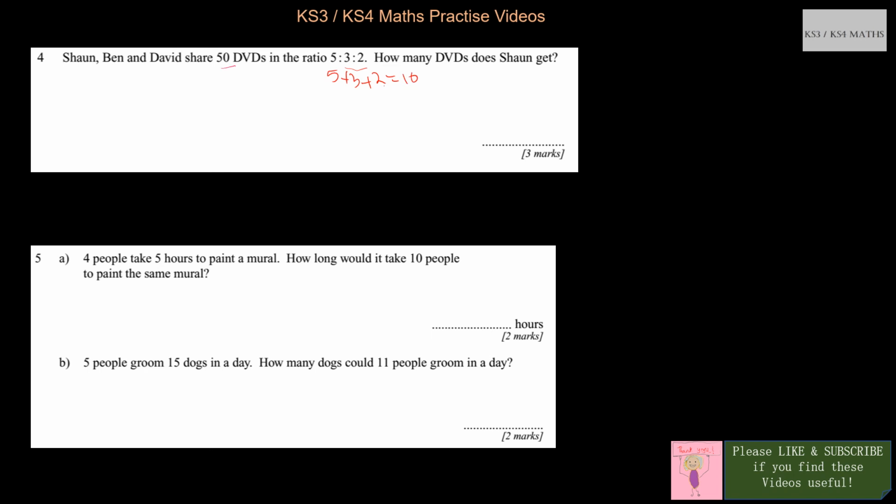So this is Sean, this is Ben, and this is David, right? So follow the order of the names in which they come. So the ratios will also be in that order. So how many does Sean get? So Sean would get 5 out of 10 times 50, that is 25.